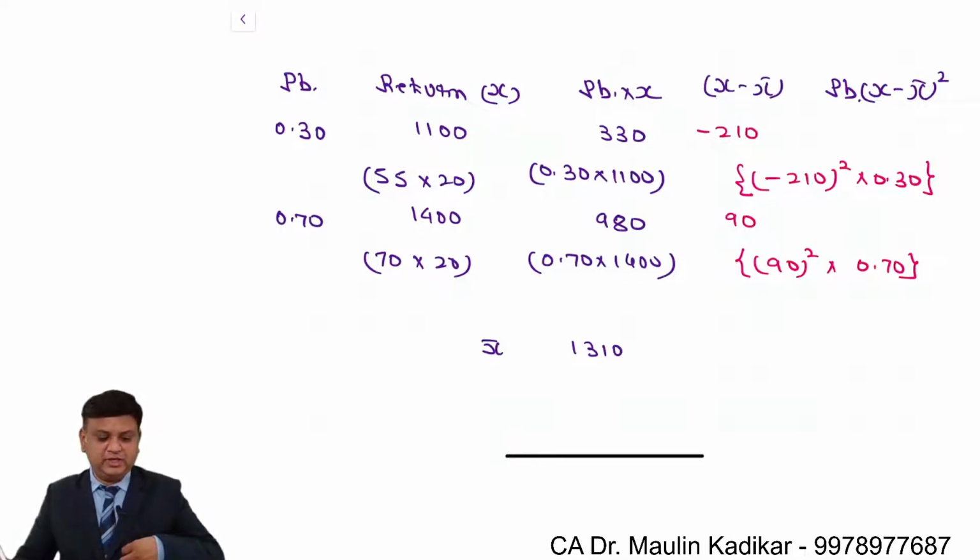So square of 210 into 0.3 is 13,230. Square of 90 into 0.7 is 5670.